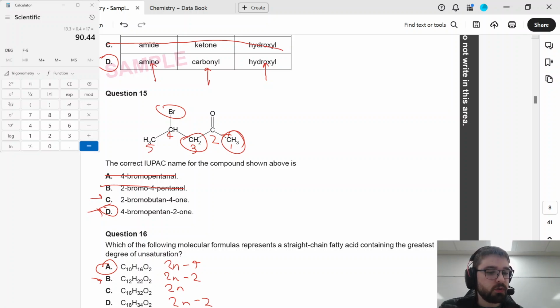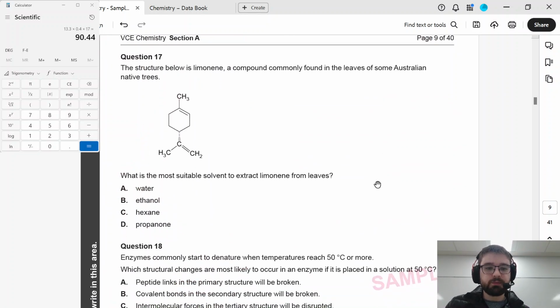So A must have 1 more double bond than B. If we compare C to B, it's got 4 more carbons, but it has 10 more hydrogens when we expect it to have 8. So it must also have another double bond less. And if we compare C to D, it's got 2 more carbons and 2 more hydrogens, when we expect it to have 4 more, so it must have 1 more double bond. So A is the answer there.